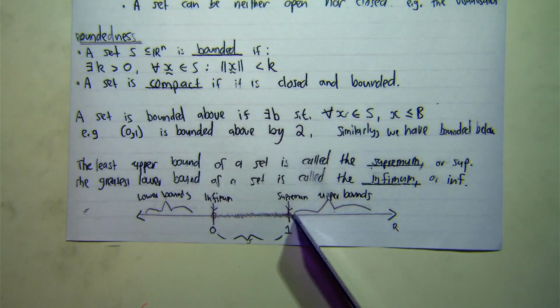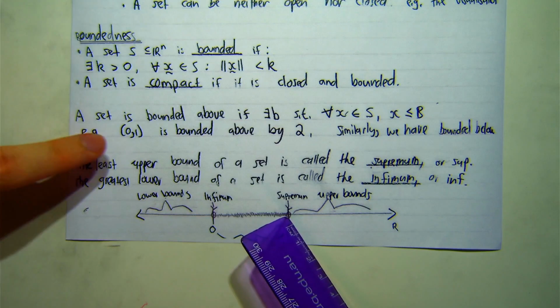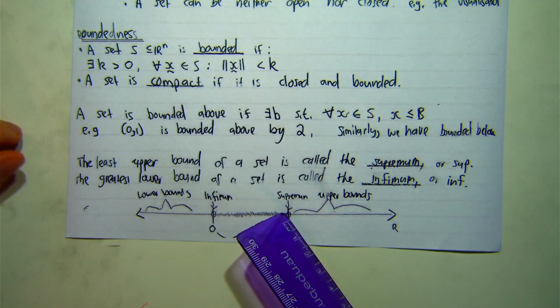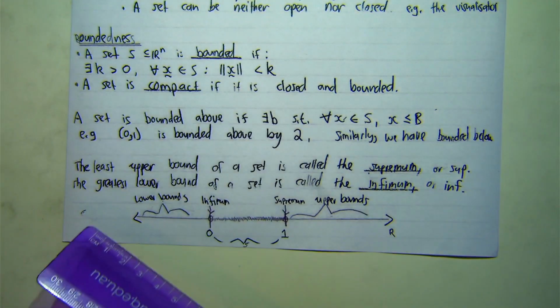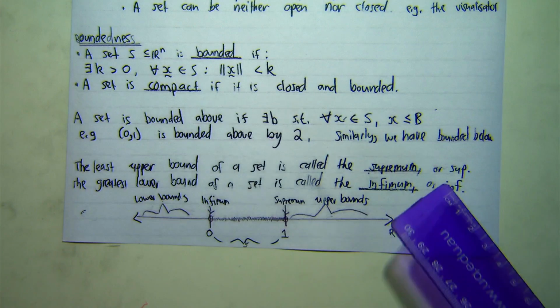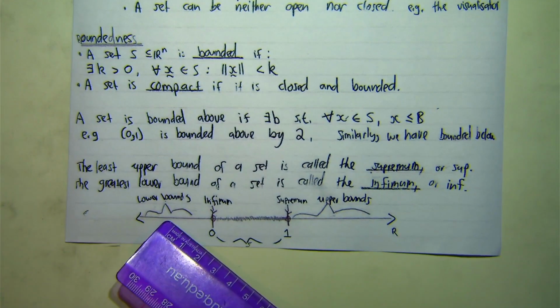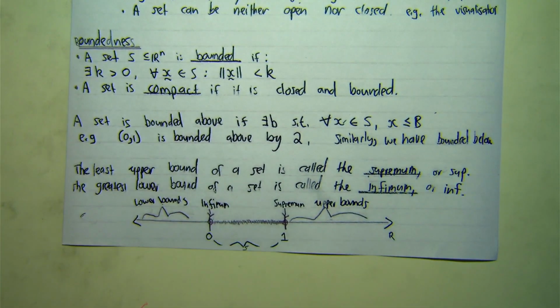So the smallest upper bound is going to be this one here at exactly 1, where everything in this set is less than 1. But it is the smallest in the set of upper bounds. And likewise, you have the greatest lower bound as the infimum, because every number to the left of 0 is a lower bound, and then the greatest one of those lower bounds is 0, which is the infimum.